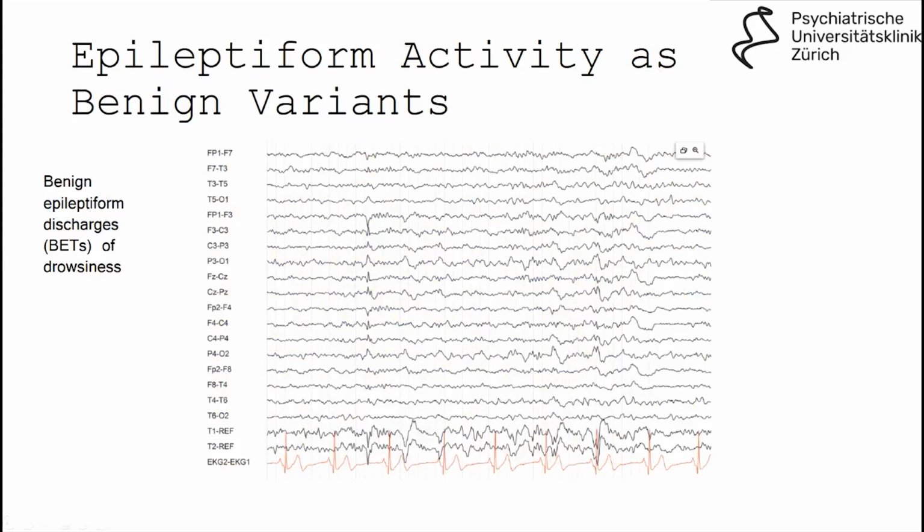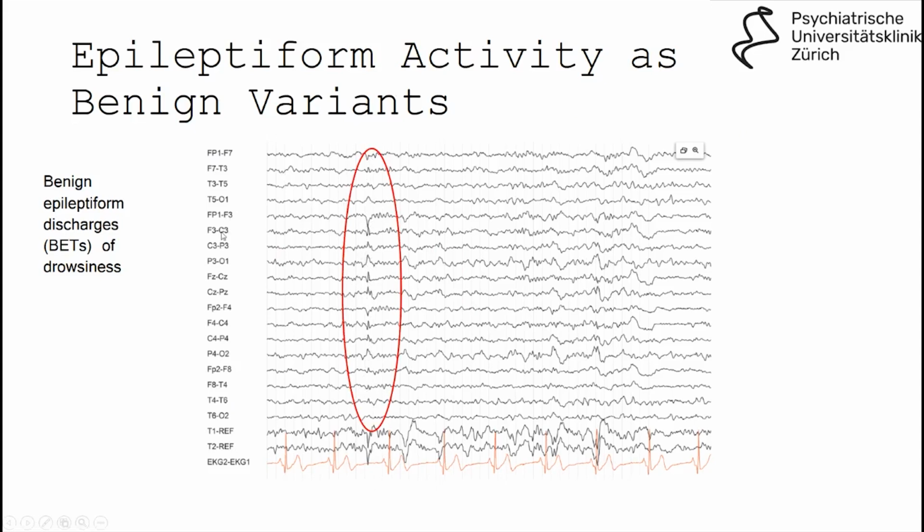Again, we have some called benign epileptiform discharges. It's called BETs, and they very often occur when you are drowsy. That means a sleep-deprived patient, or someone who was up for a long time or could not sleep, had sleep disturbances, then you can see those BETs. What you see here are clear spikes, distributed mainly over the frontal left electrodes.